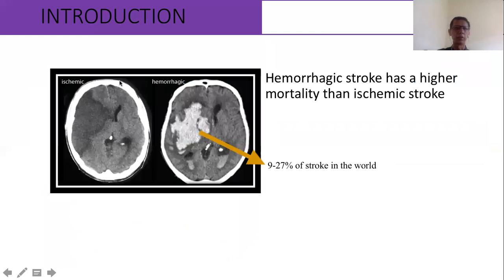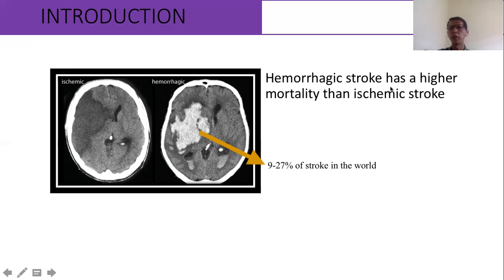In this picture, we can see the difference between ischemic stroke and hemorrhagic stroke. In CT scan images, ischemic stroke is shown by a hypodense part and hemorrhagic stroke is shown by a hyperdense part.